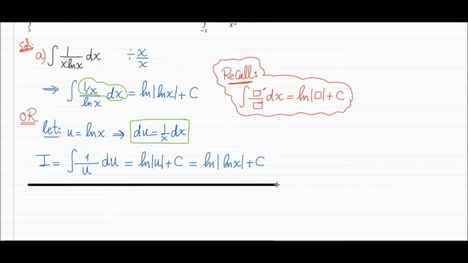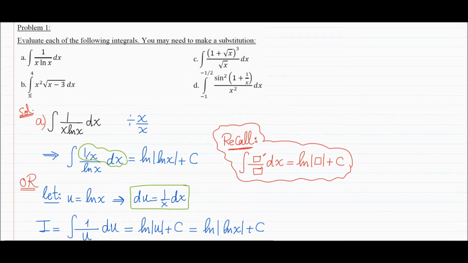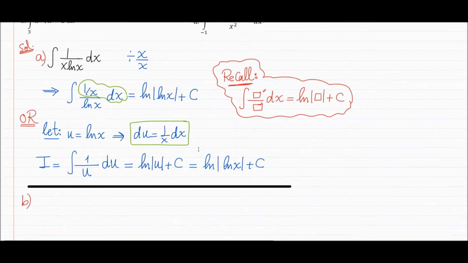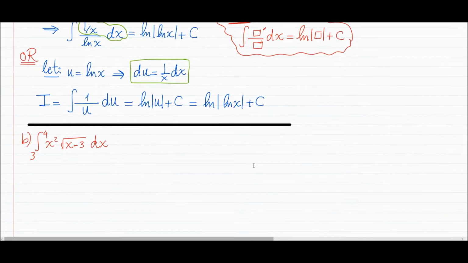And let's take another one in order to be familiar with this kind of problem. Problem number B states the integration from 3 to 4 of root of x squared multiplied by root of x minus 3, dx.